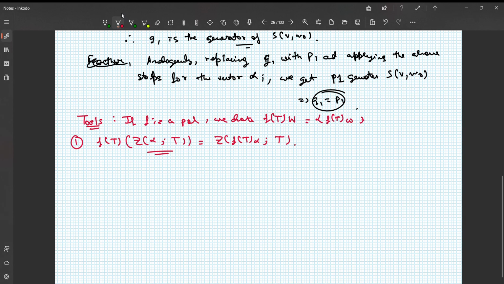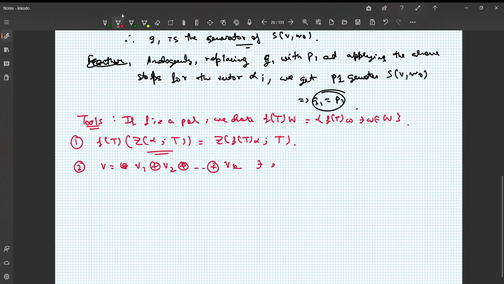We denote f(T) of W, a subspace, to be the collection of elements f(T)w such that w is in W. Clear?